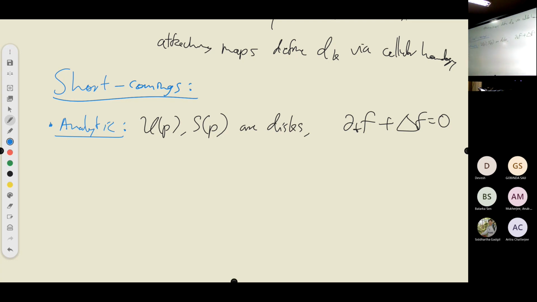And the other difficulty is about satisfying genericity. What do I really mean by this?